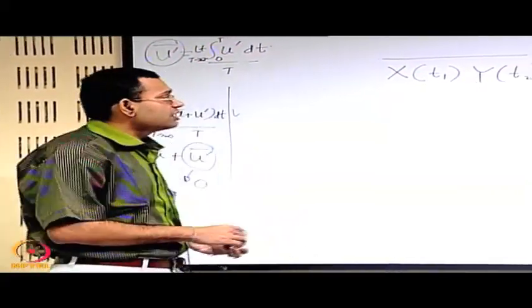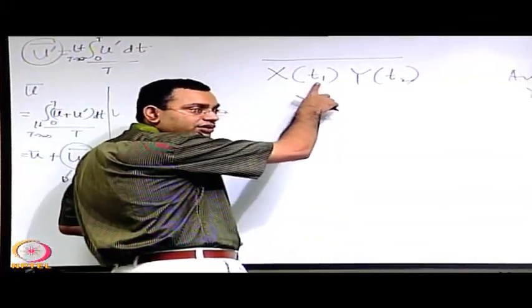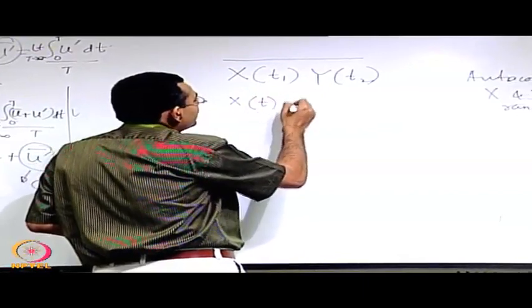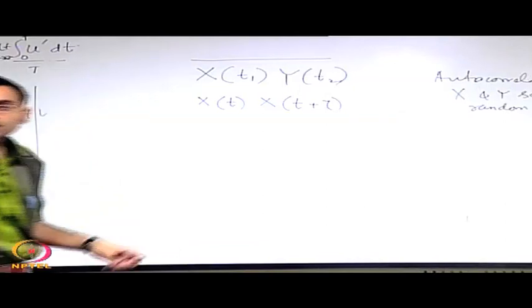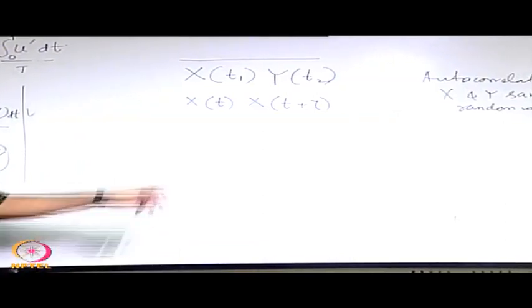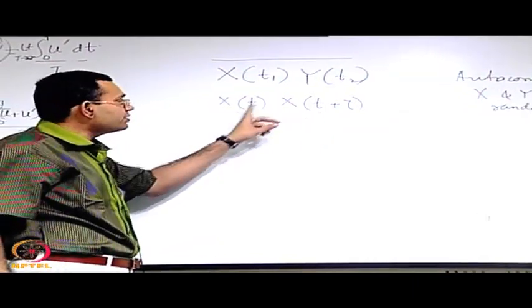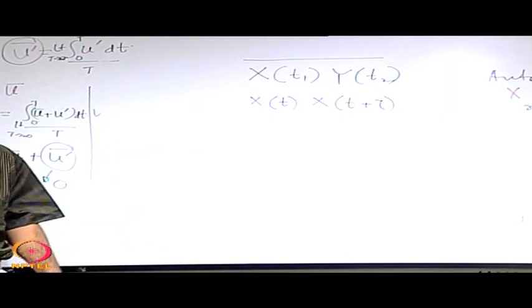If it is stationary turbulence, then it does not matter what the origin of this t1 is. So you may have x at t and x at t plus an additional time tau. This t is immaterial if it is stationary turbulence, that means the turbulence statistics are not a function of time.